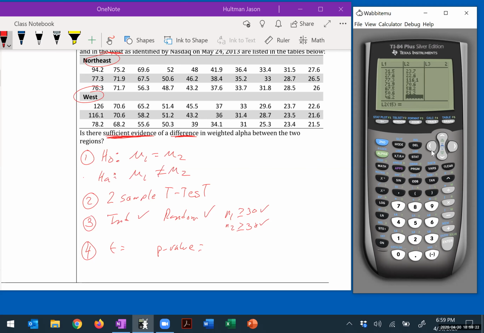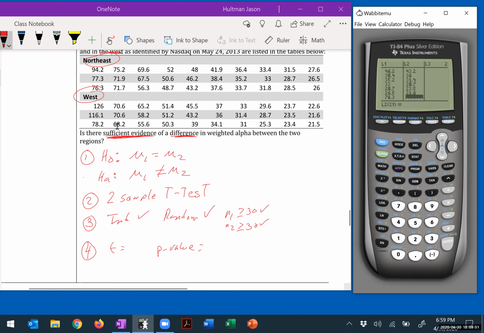Okay, 43.2, 36, 31.4, 28.7, 23.5, 23.5. Go for 23.5. And the last one in that row is 21.6.